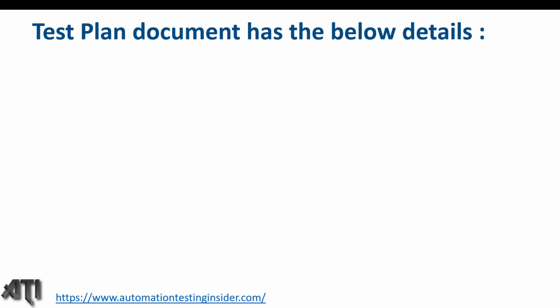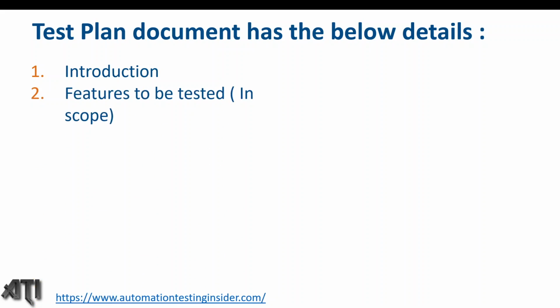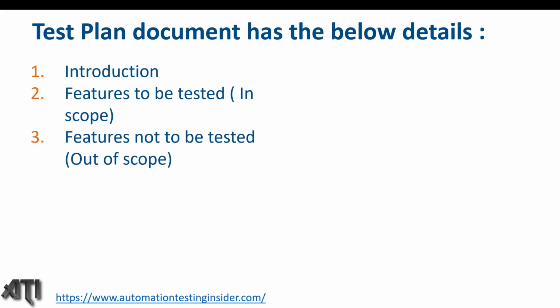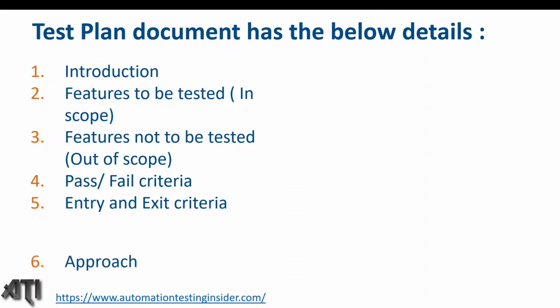Now let's talk about what the different sections in a test plan are. The test plan document has to have the below details. We have introduction, features to be tested, that is nothing but in scope, what features are in scope. Features not to be tested, out of scope. Pass fail criteria and entry exit criteria.